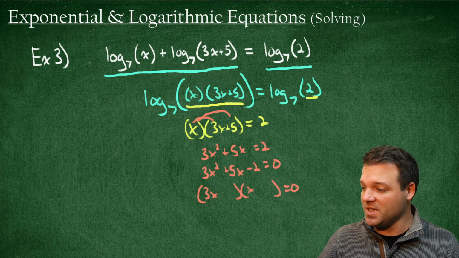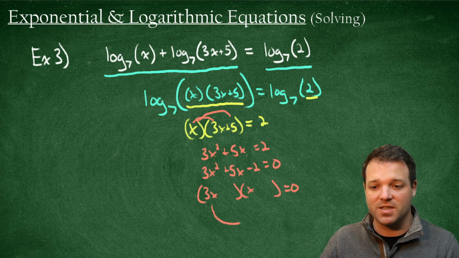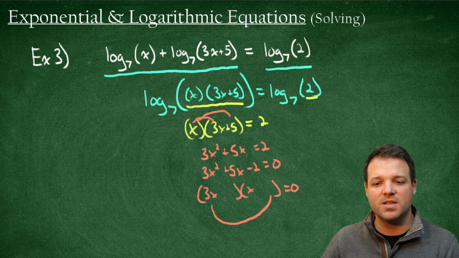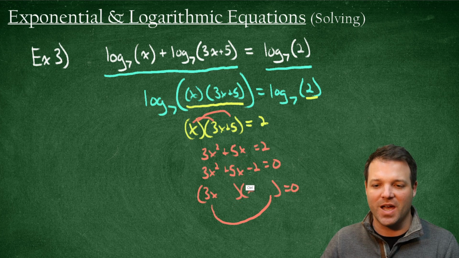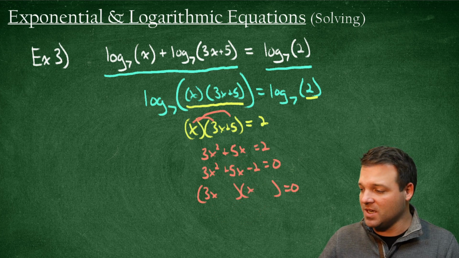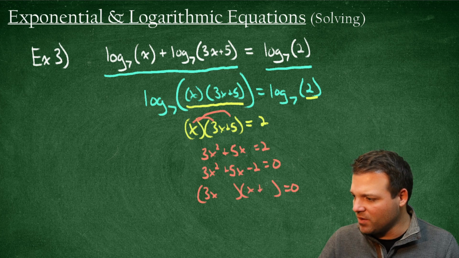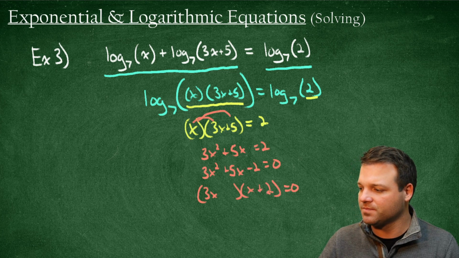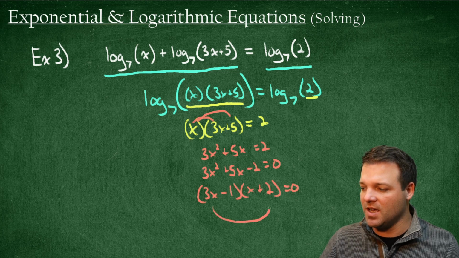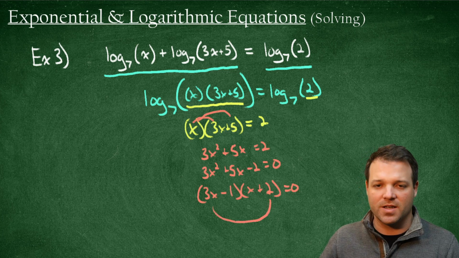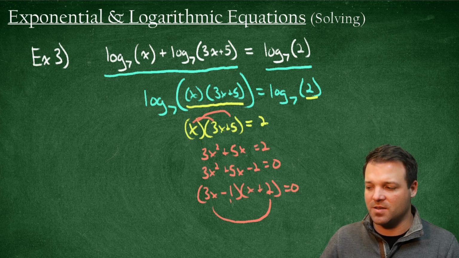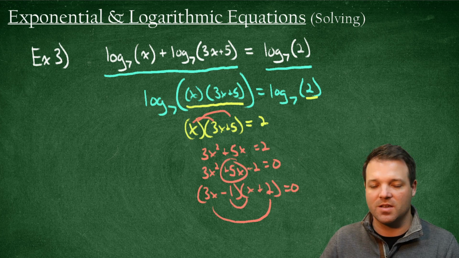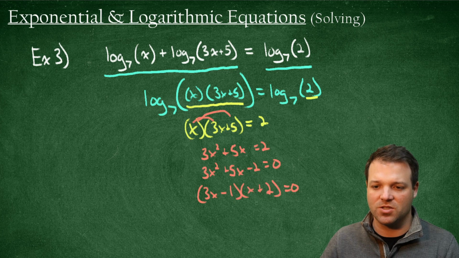Well, after I'm done, when I multiply these two outsides and then add the multiplication of these two insides, I should end up getting positive 5x, which means taking our factors from negative 2, I'm going to have x plus 2 on this side and 3x minus 1 on this side. And again, this would mean that I'd have 3x times 2, which is 6x, minus 1x, which is positive 5x. Okay, so guess and check did work.